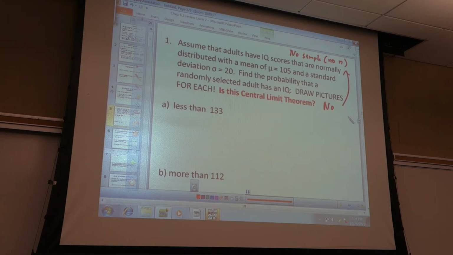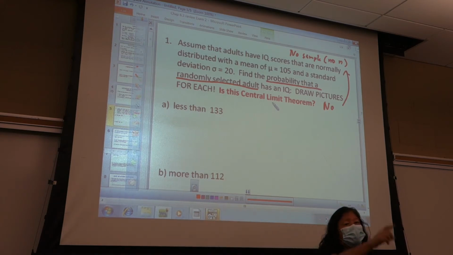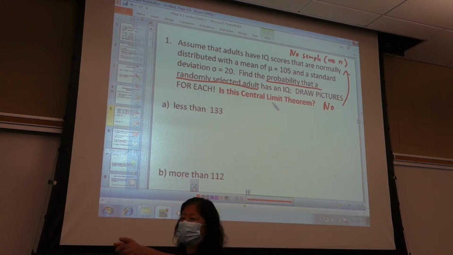The normal distribution. It's asking to find the probability of a selected value. Right. Find the probability that a selected adult, one selected adult. So I'm not finding the probability of a mean. I find the probability of just one person, which touches on what you were saying too.